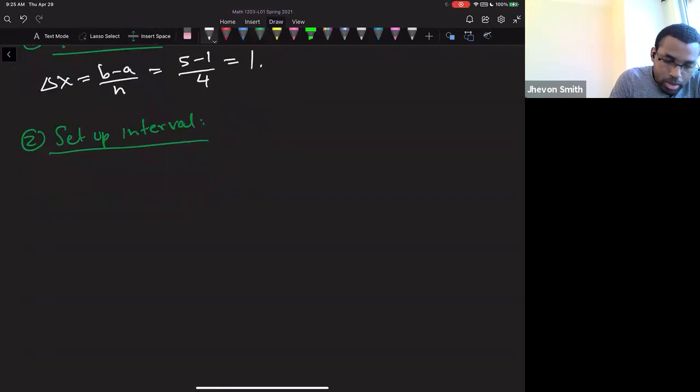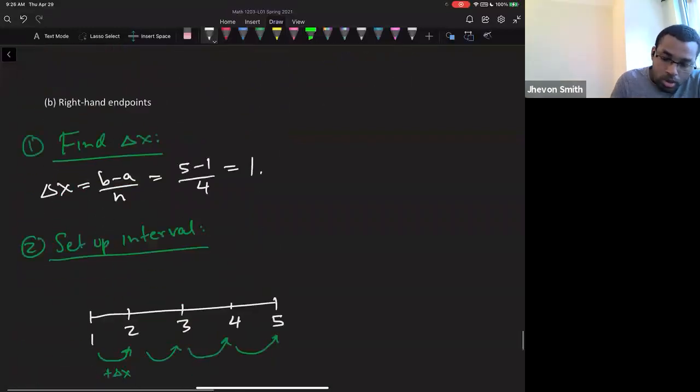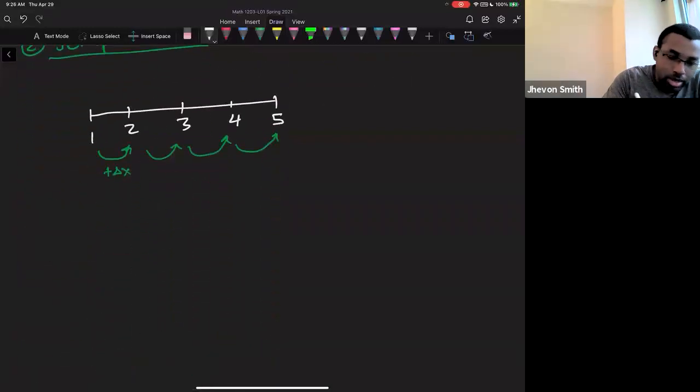And at that point, you're going to be like, okay, I know I'm between 1 and 5. I want 4 subintervals. I'm just going to start adding our delta x to each of these. So that would give me, oh, this would be 2, 3, and 4. Cool. What am I doing? Right-hand endpoints. What do we want? The right hand. Okay, so you pick 2, 3, 4, and 5. Those would be the relevant numbers for the right hand.